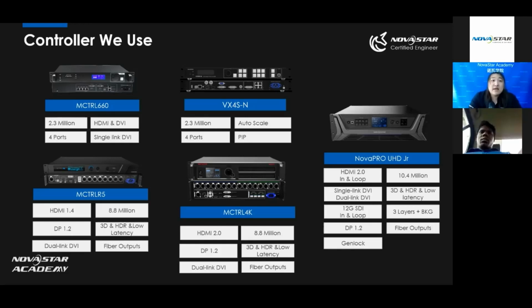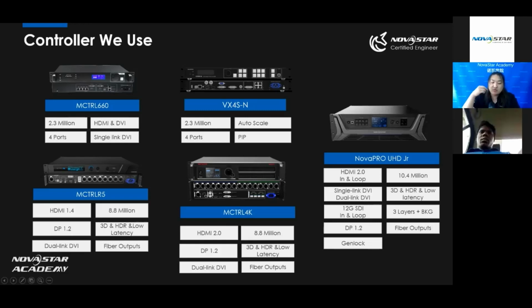And let's say the next device here, the M Control 4K. It's actually a high-end pure sending card, because it integrates HDMI 2.0 and DP 1.2, which are all for the real 4K resolution. And also it has 2 dual link DVI.